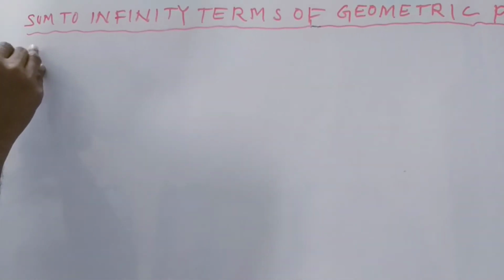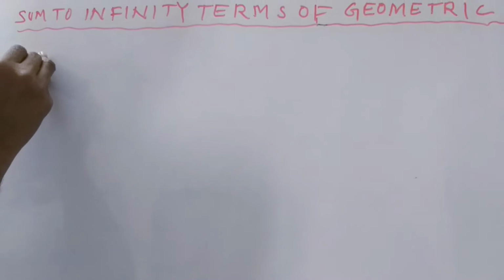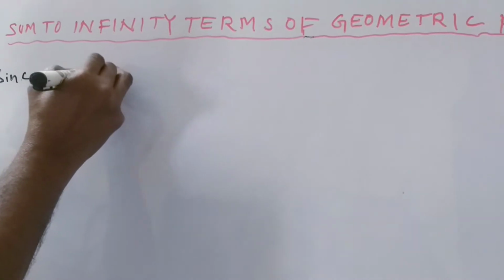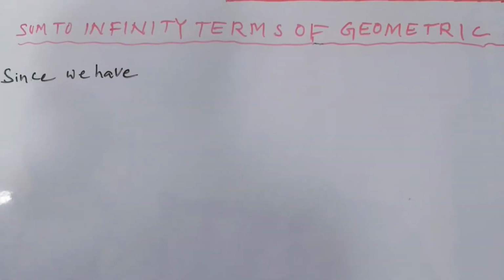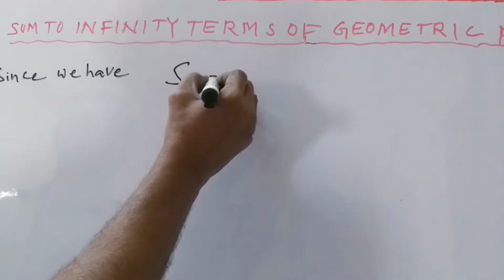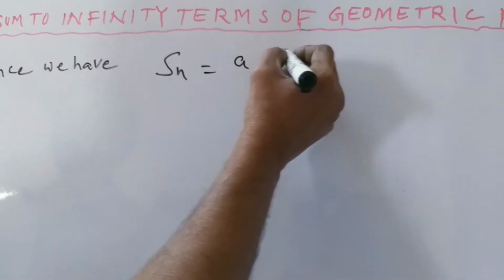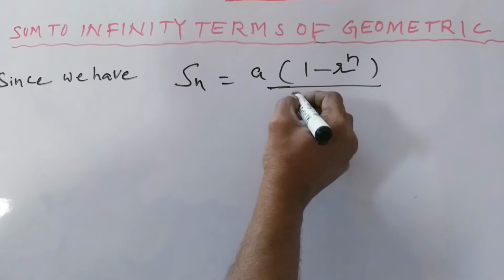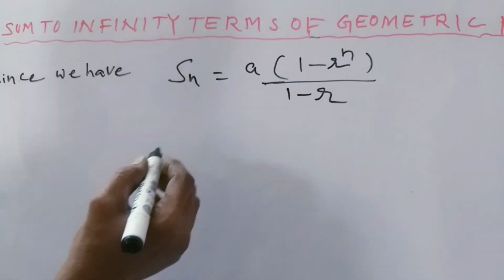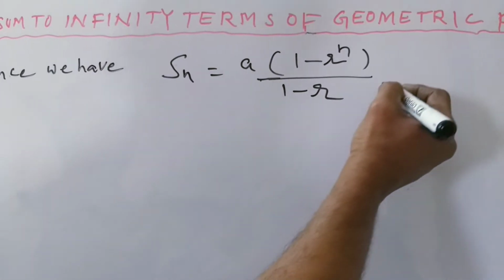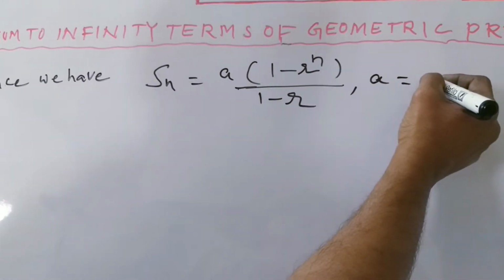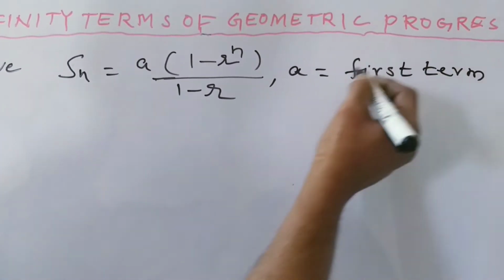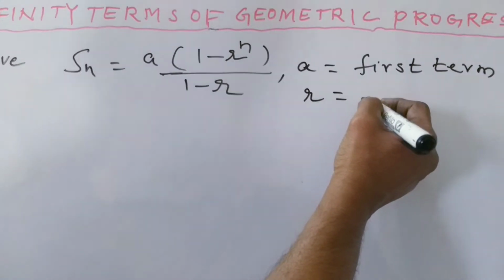Since we have S n is equal to A of 1 minus r to the power of n by 1 minus r, where A is equal to first term and r is equal to common ratio.